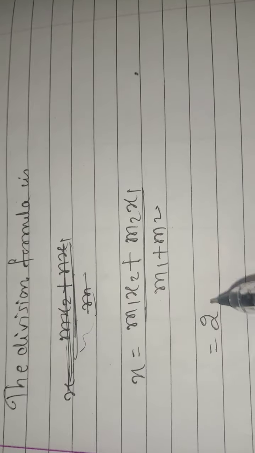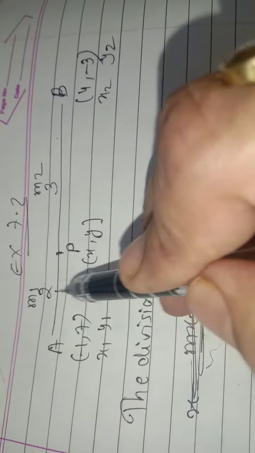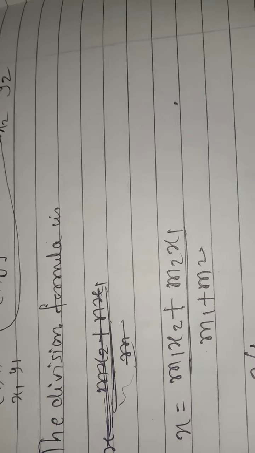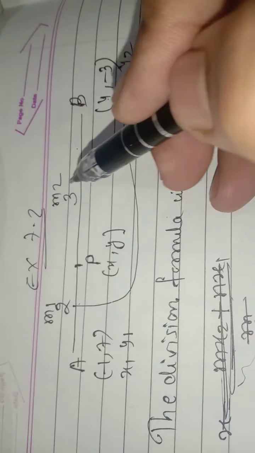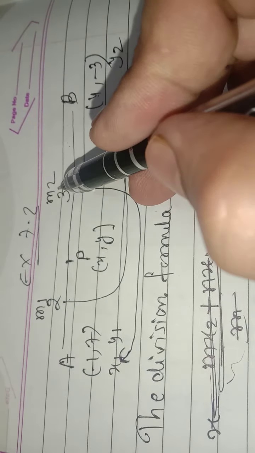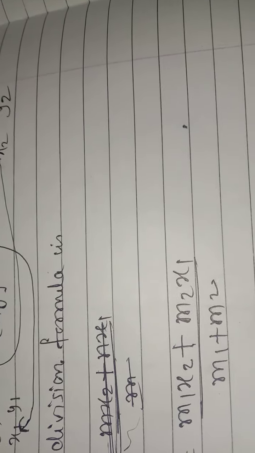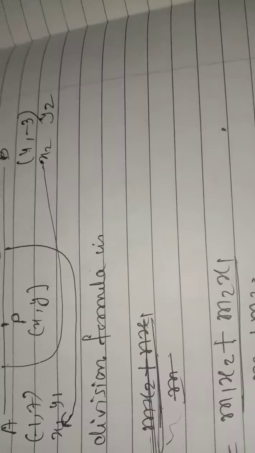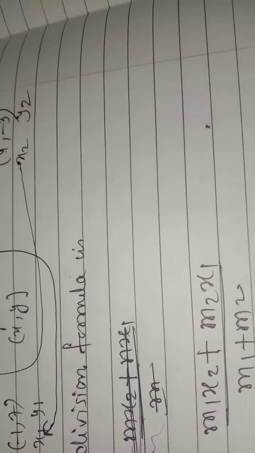Okay, now the value of m1 is 2, so I will write here 2, and see, m1 x2, x2 is 4, so 2 into 4 plus m2 x1. In this way m2 is 3 and x1 is -1, upon m1 plus m2, it is 2 plus 3. Clear?